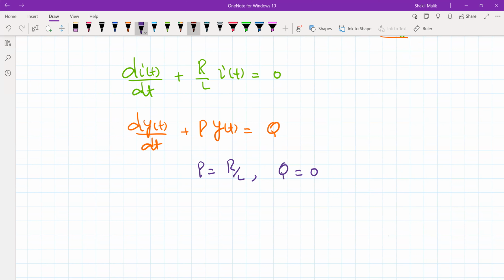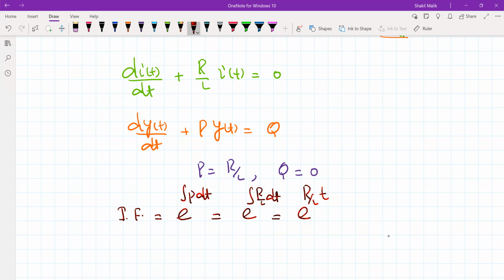And how do we solve this linear differential equation? By using the concept of integrating factor. What's the integrating factor for this equation? It is e to the power of integral P dt, and here it will be e to the power of integral of R by L dt. So this will be simply e to the power of R by L times t, because R by L is a constant and the integration of dt will be t.